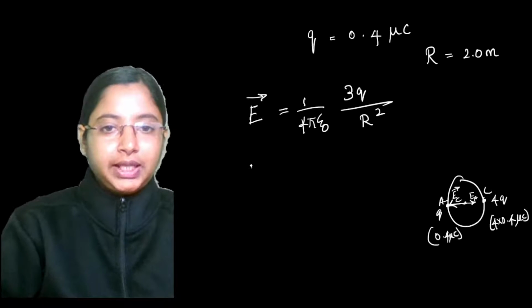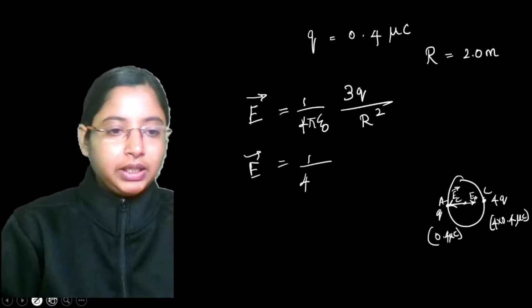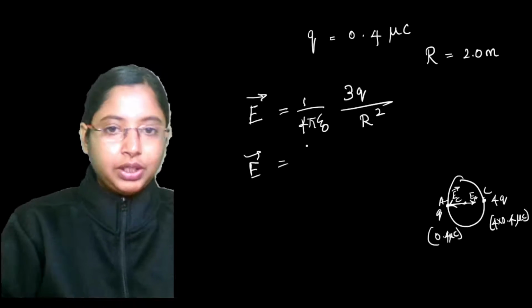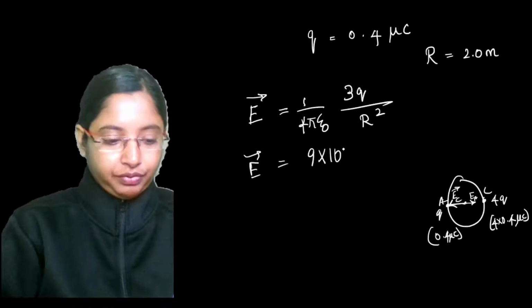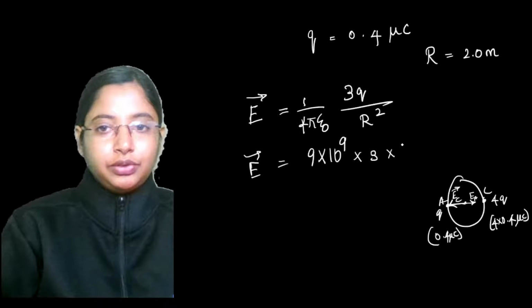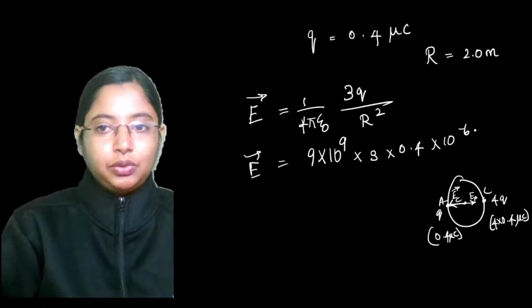If we take the q value to be 0.4 microcoulombs, then 1 by 4 pi epsilon naught, we know the value is basically 9 into 10 to the power of 9, into 3q, q is 0.4 mu, which is 10 to the power of minus 6 coulombs.